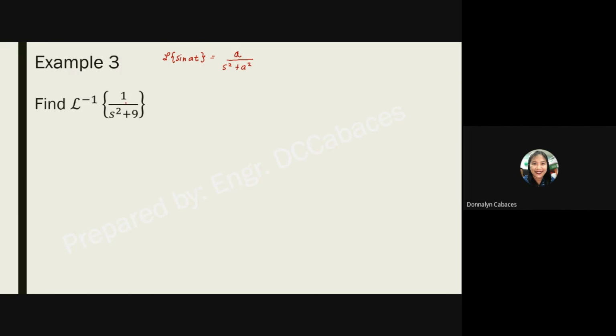So therefore, you are to multiply the given function by 3 over 3. So this would be simply equal to 1/3 the inverse Laplace transform of 3 over s squared plus 9. And again, the inverse Laplace of 3 over s squared plus 9 is sine of 3t. And that is the function of t. Okay?